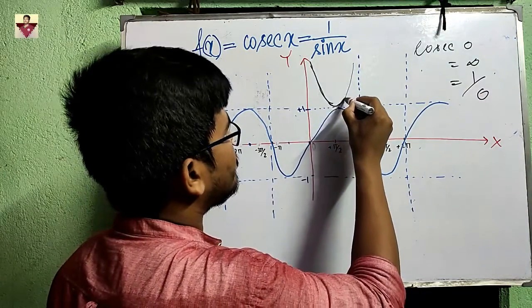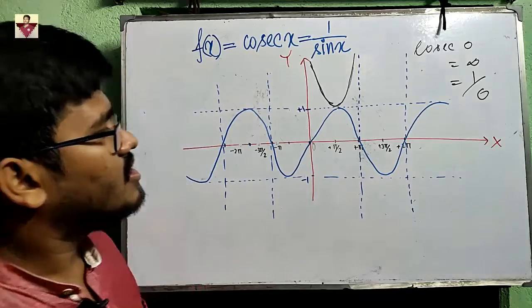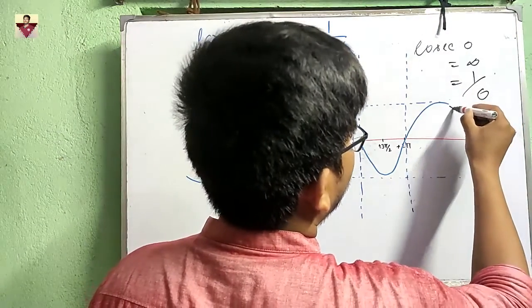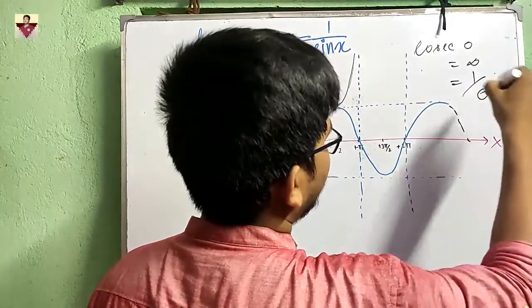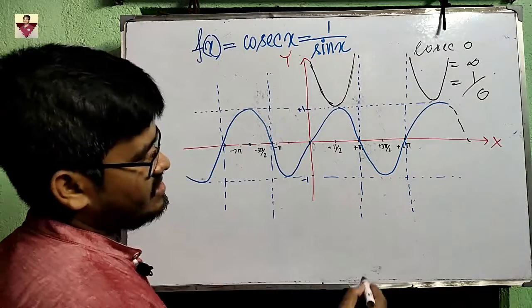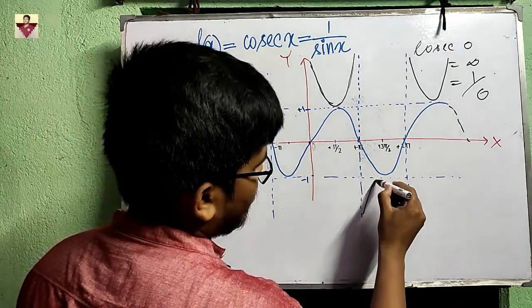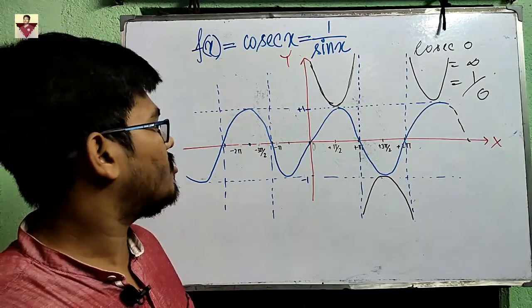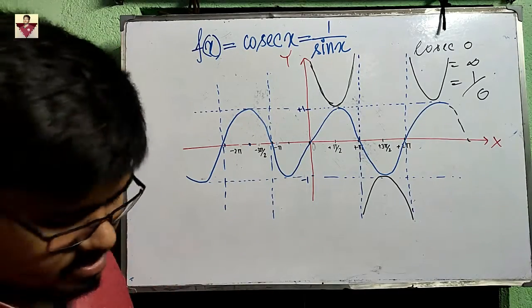So this graph is going to infinity. Now similarly in this region you can also plot. This is a continuous function, it will go like this, like sin x. For the negative region, cosec x will be like this. So similarly you can also plot for negative values of x.